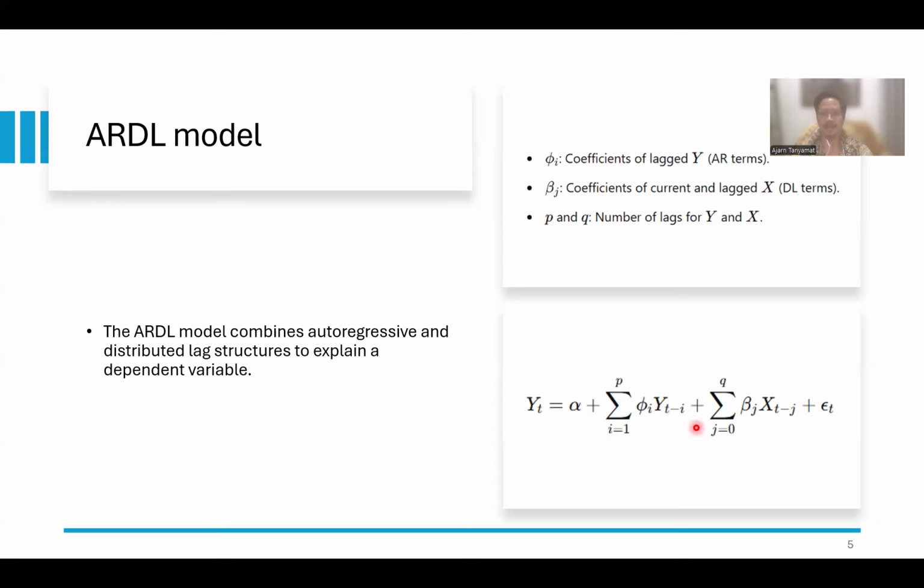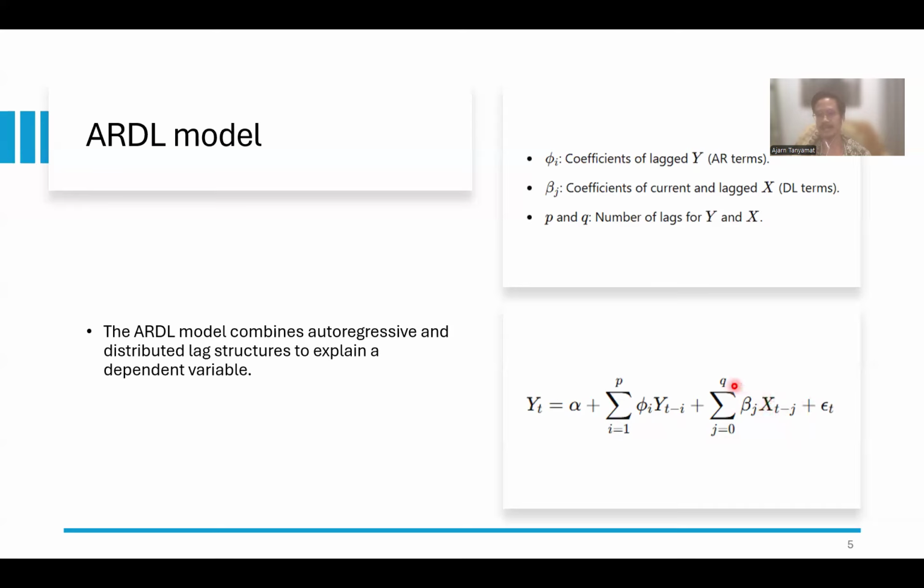And then it's going to add the distributed lag part as well. In this case, we're just showing one x variable, but with lag length all the way to q. So it starts from j equals 0, which means the current xt. And then j equals 1 is t minus 1, j equals 2 is t minus 2.